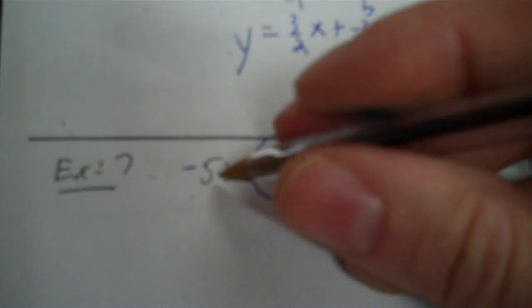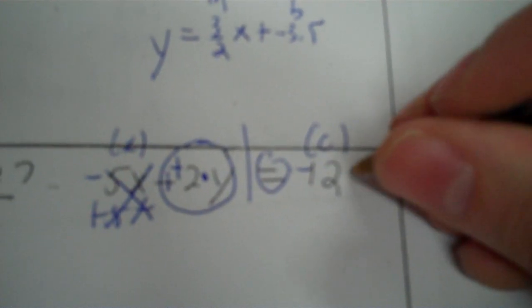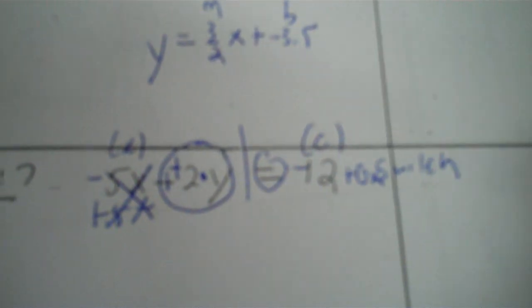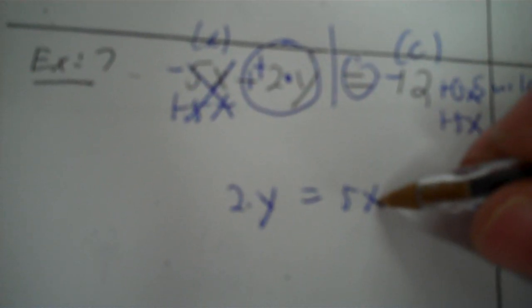So I got an x term, I got a constant term. So I plus 5x, but there's no x term on the other side, so I make a 0x, and then I add 5x to that. So 2 times y. So 0x plus 5x is 5x. You got to put the x first, okay? The x has to be placed first, then your constant, negative 12. Now we divide all this by 2, both the x and the constant.